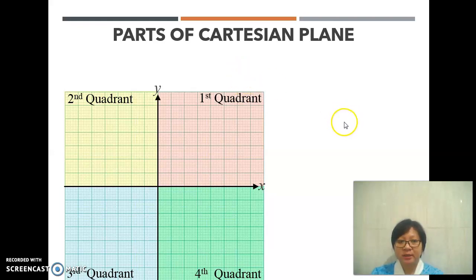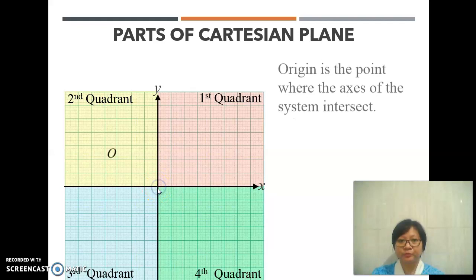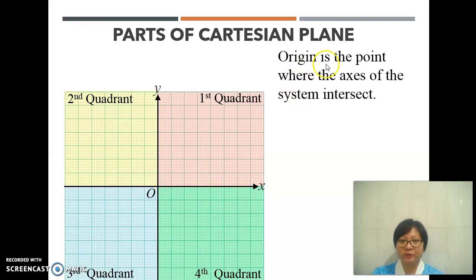Let's take a look at this. The axes, x-axis and y-axis, intersect at this point, right? This is called the point of origin. Origin is the point where the axes of the system intersect. So let's label this point O.